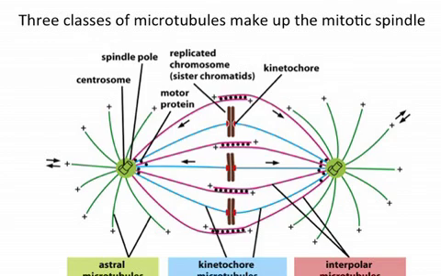There are 3 classes of microtubules that make up the mitotic spindle. There are the astral microtubules, which help to center the mitotic spindle by pushing against the plasma membrane. Then there are the kinetochore microtubules that bind to the kinetochores on the chromosomes and sister chromatids and help to separate them.